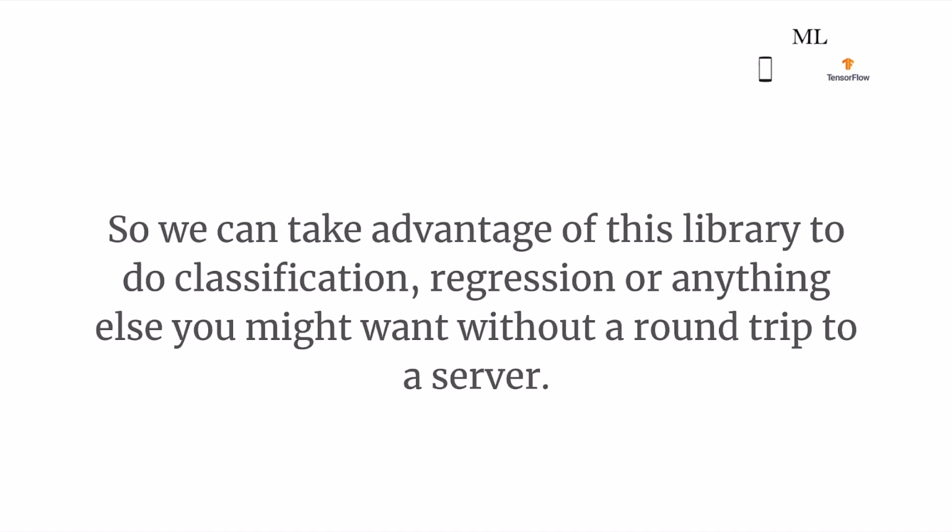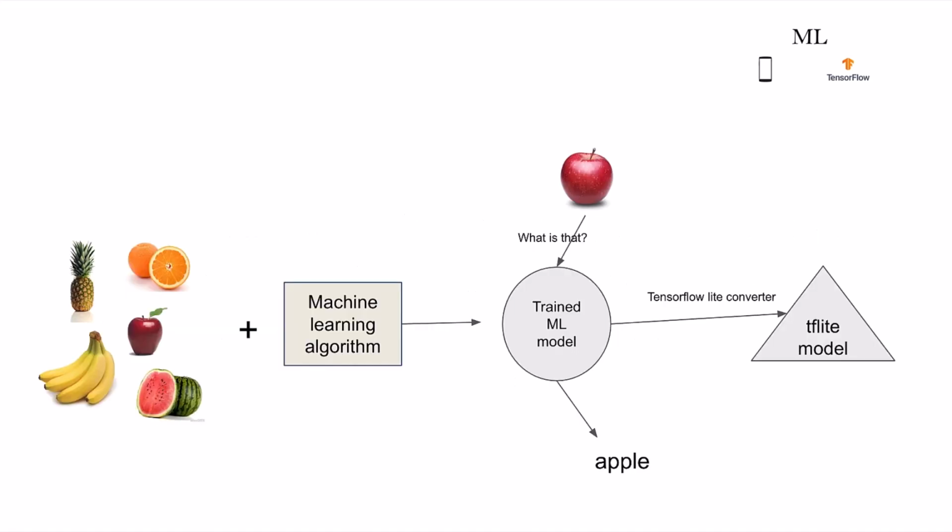So let's understand the use of this library with the help of an example. Let's say we want to train a machine learning model to recognize different fruits, like orange, pineapple, apple, watermelon, and banana. To train this model, we are going to collect the images of these fruits and pass them to our machine learning algorithm.